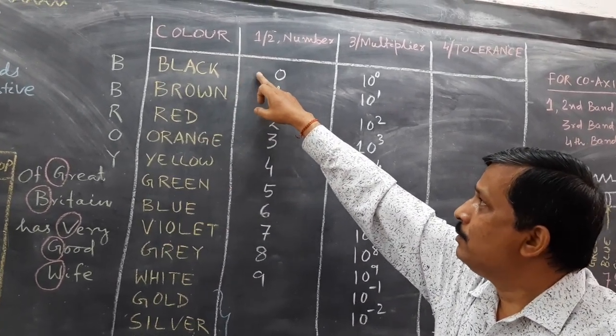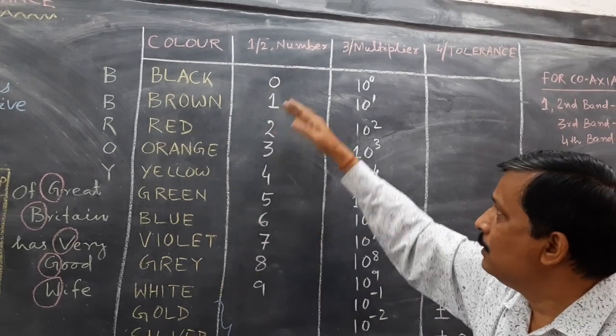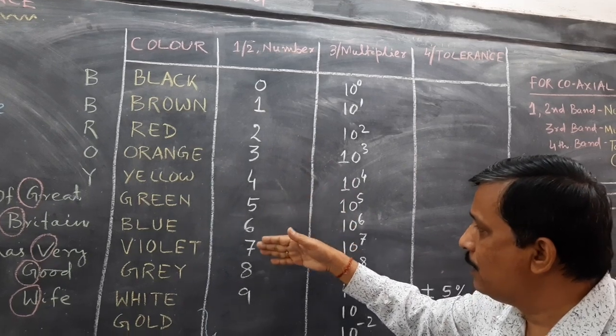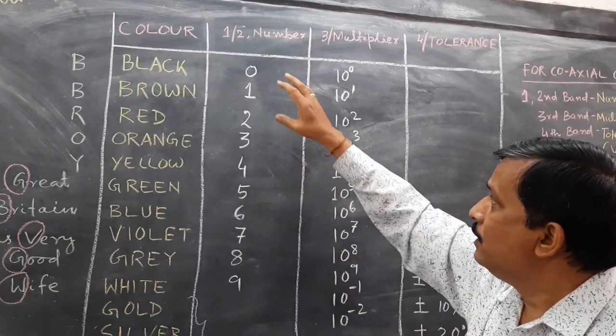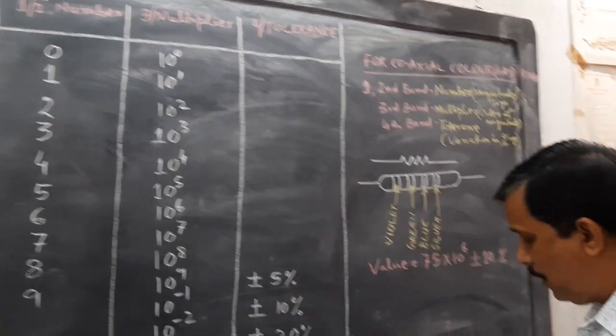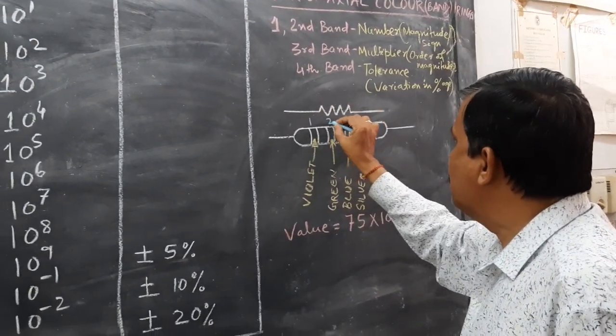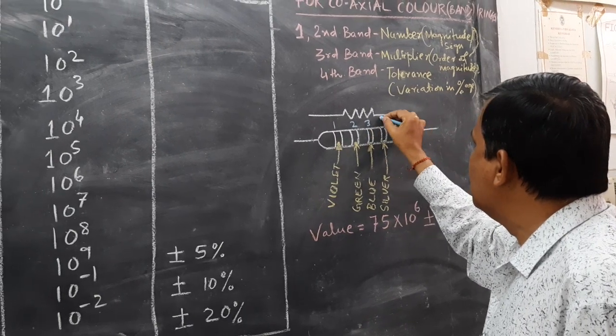Then, suppose you write the colors first. Then 0, 1, 2, 3, 4, 5, 6, 7, 8, 9. Now, this is the first band, this is the second band, this is the third band, this is the fourth band.